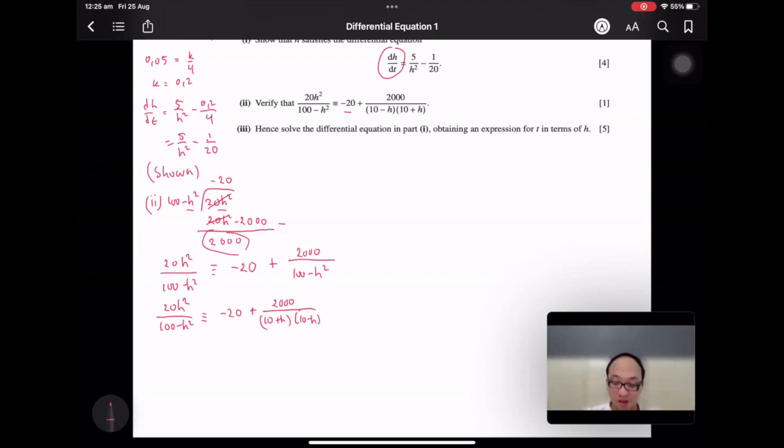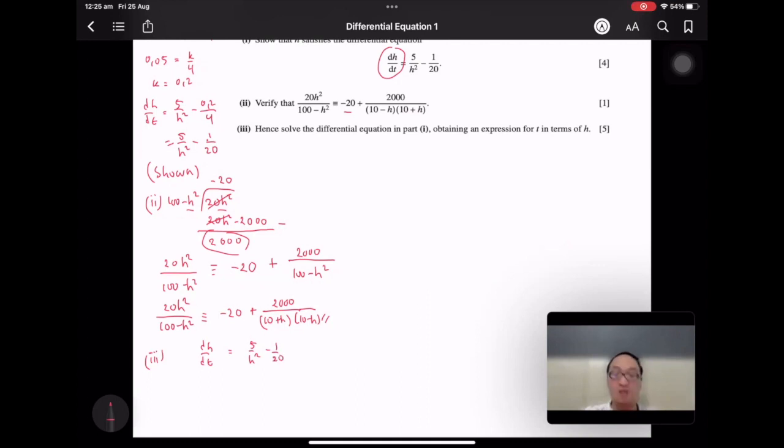So shown, verified. And for the third one, solve the differential equation and obtain the expression for t in terms of h. So we solve this: dh/dt equals 5 over h squared minus 1 over 20.